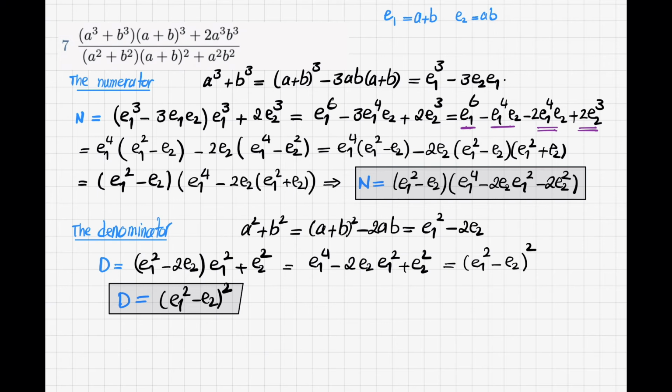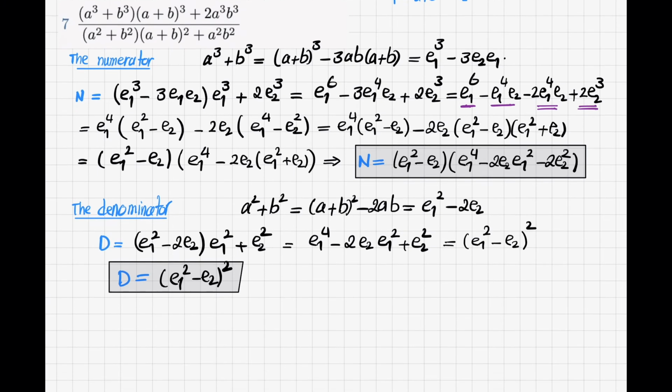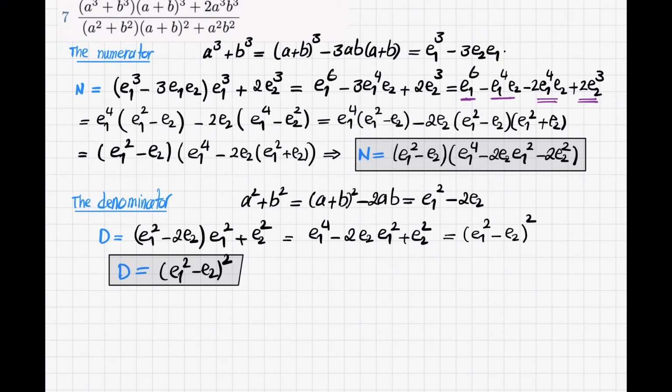So that is d. Now what I want to see, you see that there is a common factor here between the numerator and the denominator. So the question mark that I am looking for, which is the numerator divided by the denominator, is simply this expression that I can simplify.